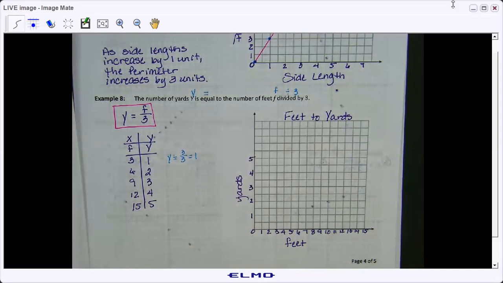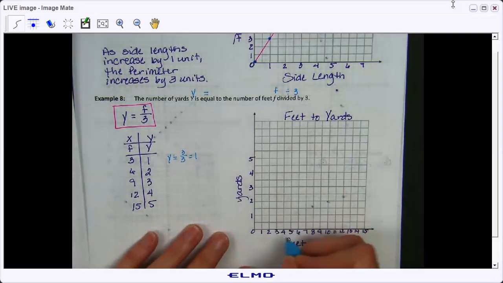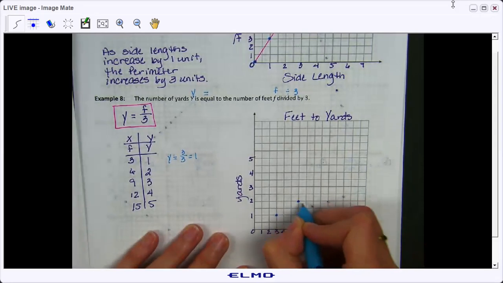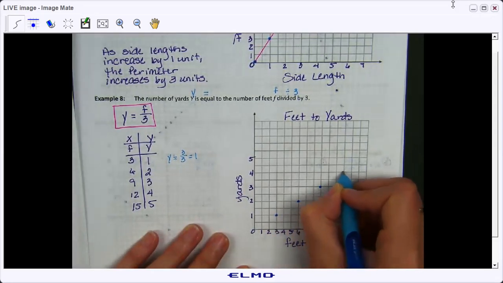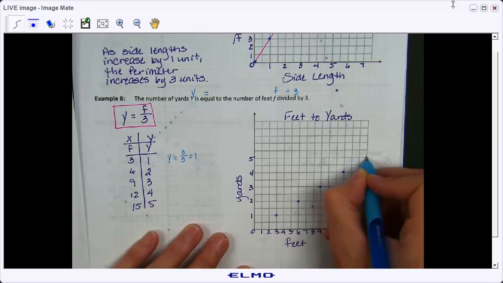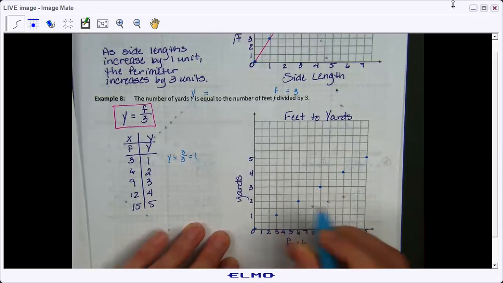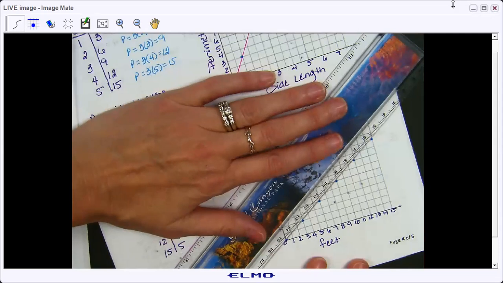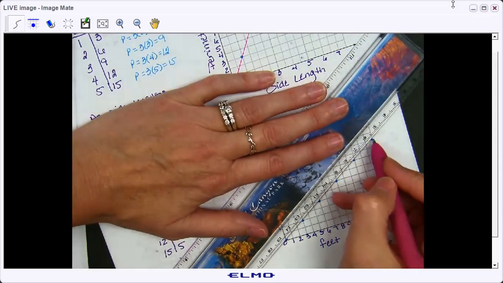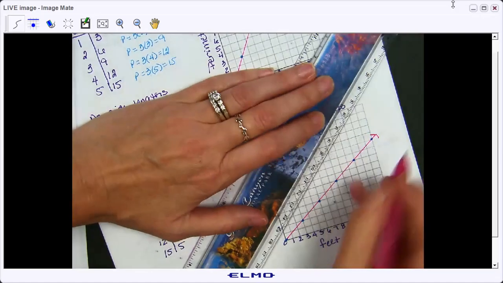And then I want you to go ahead and graph your table. And check up here to make sure your graph matches.